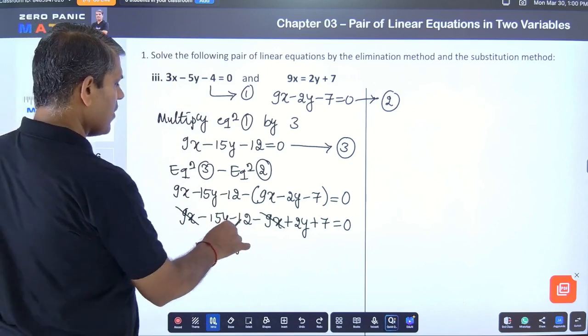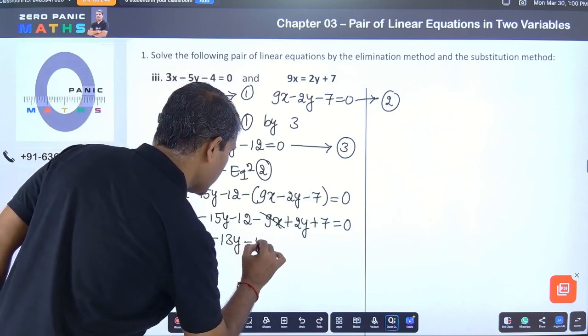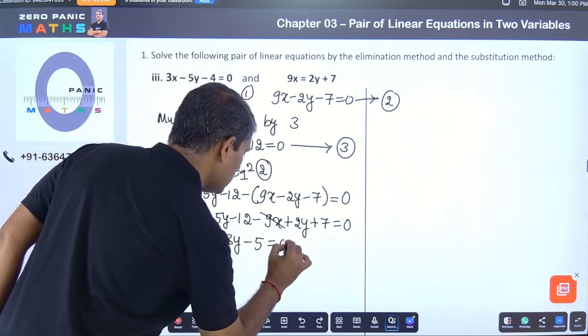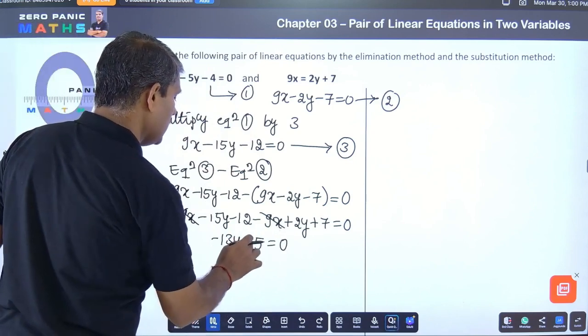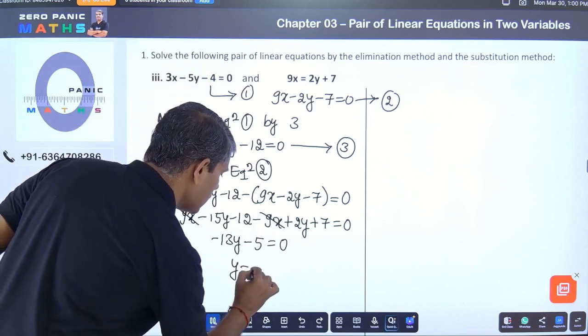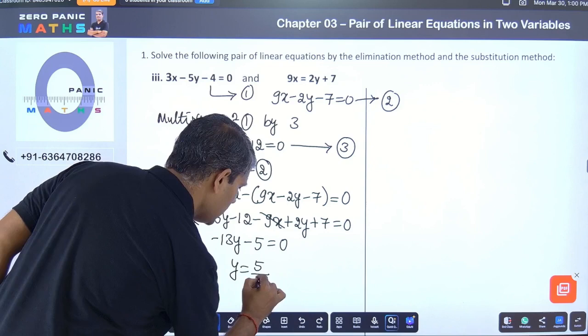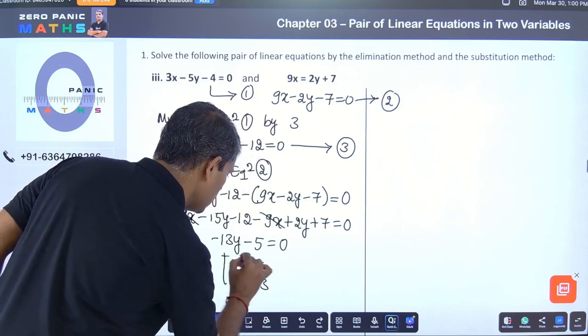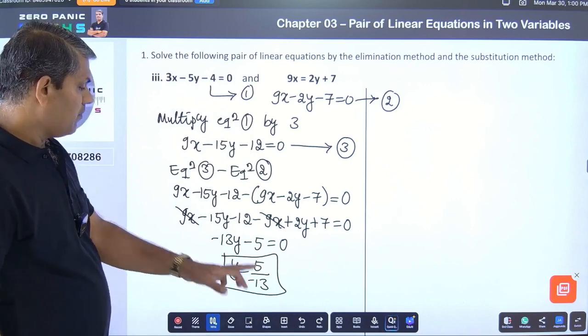Minus 12 plus 7, that is minus 5, is equal to 0. Take minus 5 to that side, that will give us y is equal to 5 by minus 13. So that is the y value.